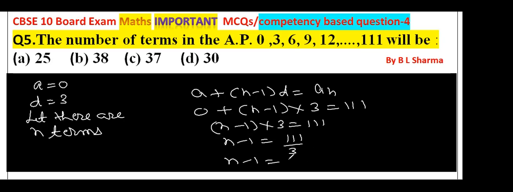So n minus 1 is 37. So n is 1 plus 37, that is 38. Therefore, the total number of terms in this AP will be 38, and B is the correct option. That is 38.